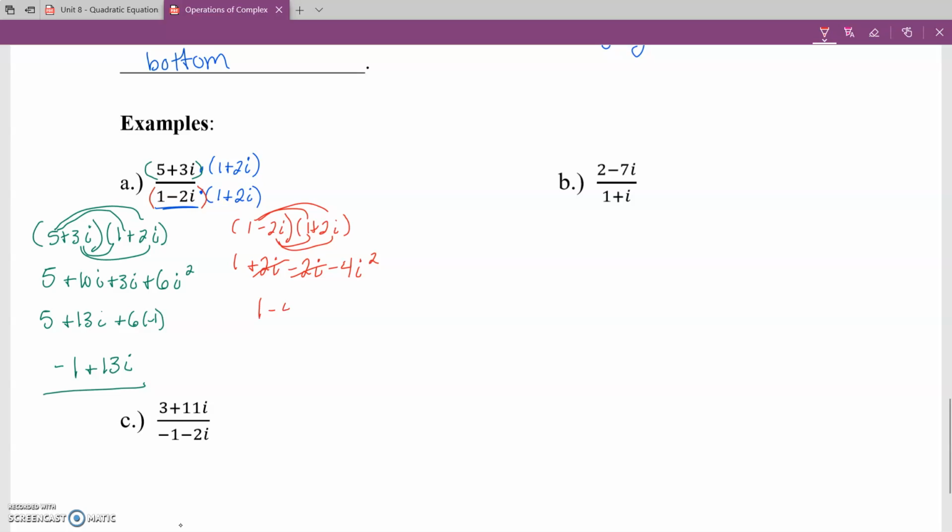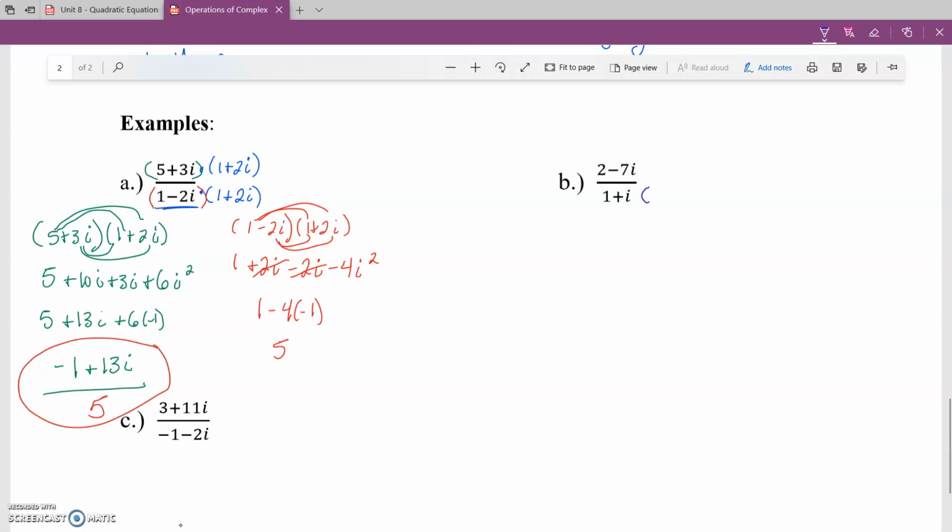So I have 1 minus 4 times negative 1. 4 times negative 1 makes that a positive, plus 1 gives me 5. So 5 goes at the bottom of my answer. See how that got rid of the i that was on the bottom? Let's do another example. Let's do b.